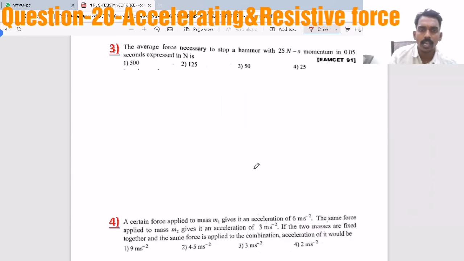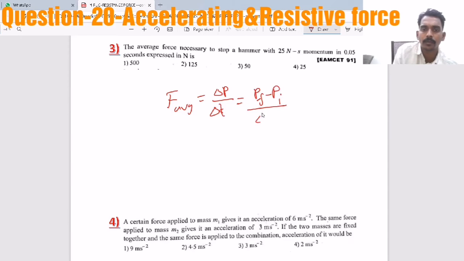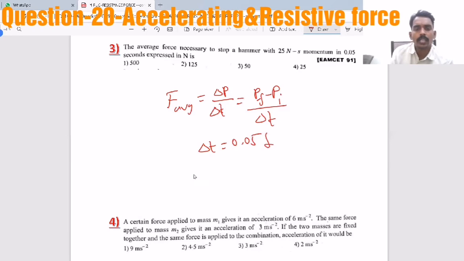Now one simple question. Average force necessary to stop a hammer with 25 Newton second momentum. Average force means delta P by delta T. Delta P means P final minus P initial, divided by delta T. And they have given delta T as 0.05 seconds. Now, the average force necessary to stop.